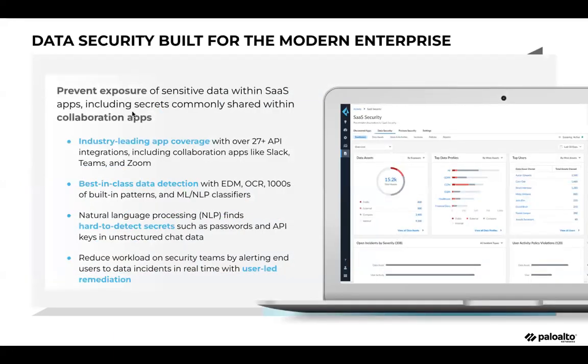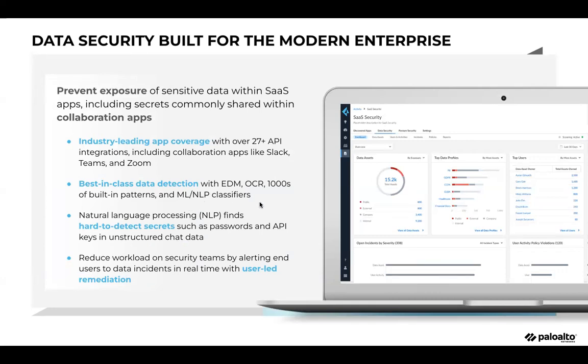So just a few things in terms of introduction. Here we are talking about the app coverage, which we already spoke about, and then we have best-in-class detection techniques. We now have EDM, OCR, thousands of built-in patterns, machine learning, and natural language processing-based classifiers.